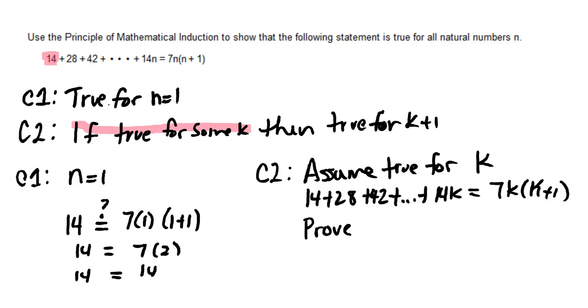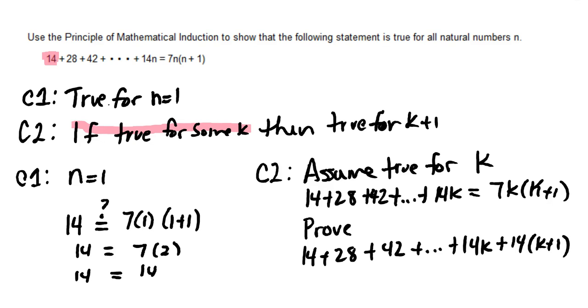Now what that looks like is 14 plus 28 plus 42 plus ... plus 14k. We need to go one more term, 14 times k plus 1. And this is going to equal 7 times k plus 1 times k plus 1 plus 1.